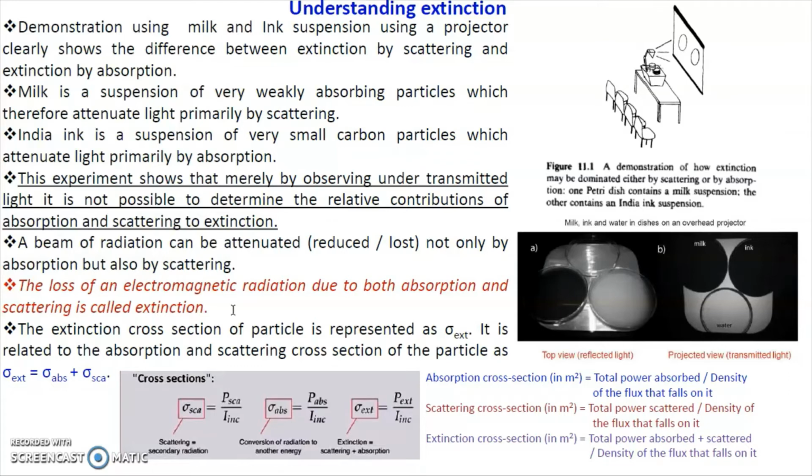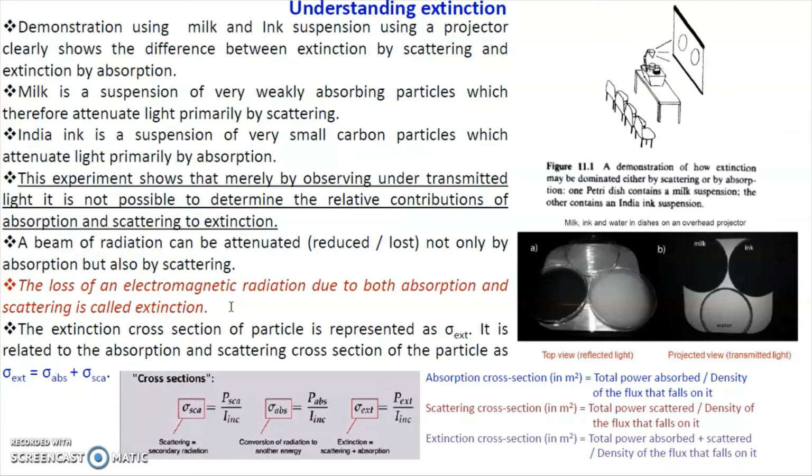Extinction is a combination of both absorption and scattering. If the light gets lost due to both absorption and scattering, then it is called extinction. So you have to keep in mind that extinction is a combination of absorption and scattering.